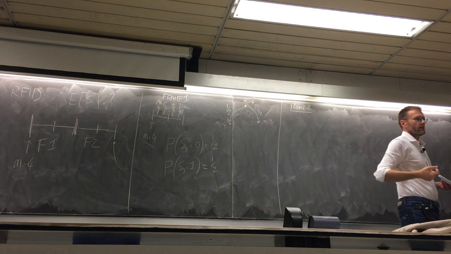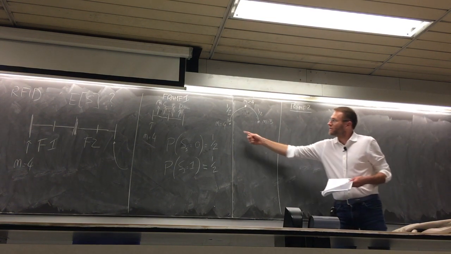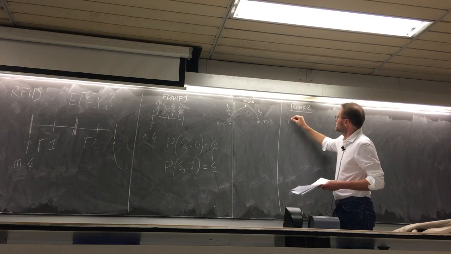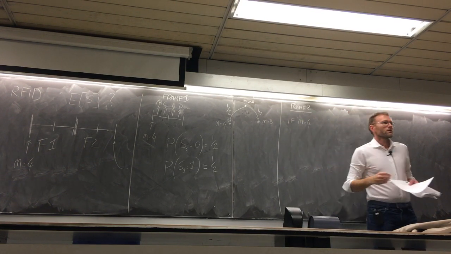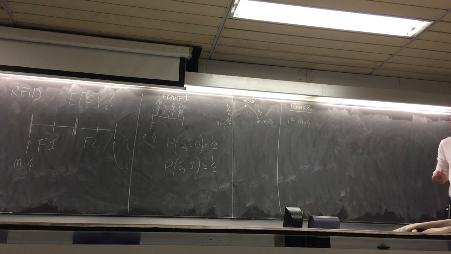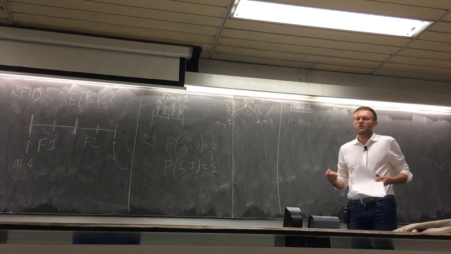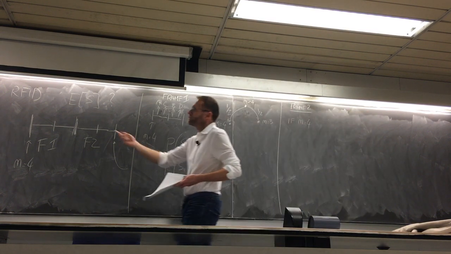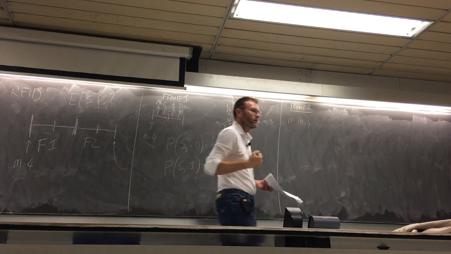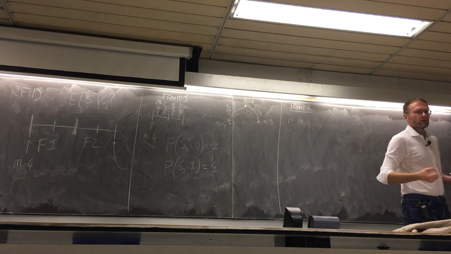If n is still equal to 4, then we have to solve the same problem as before. It means that we have a second frame whose size is 2, which is exactly the same as before.